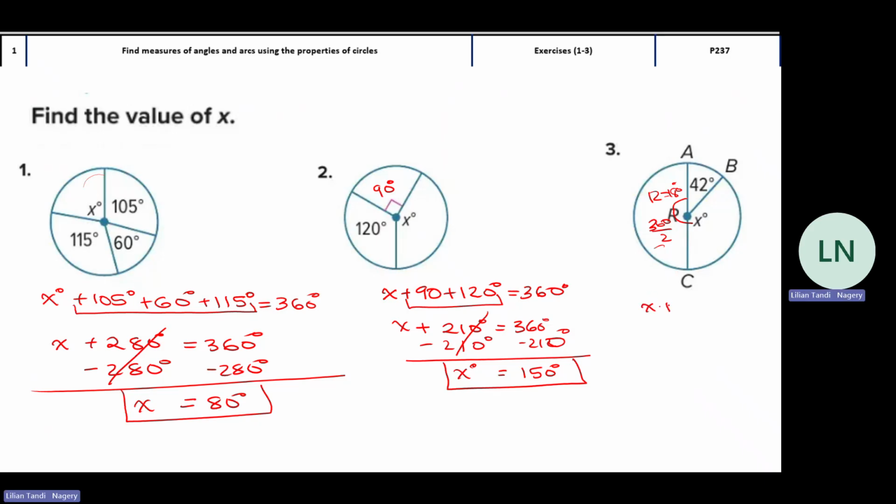Angle x plus 42 plus 180 equals 360. These are friends, so this is x plus 222 equals 360 degrees. Then I subtract 222, this goes away. x equals 138 degrees.